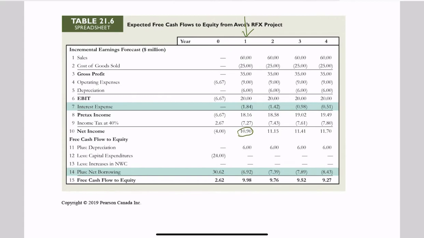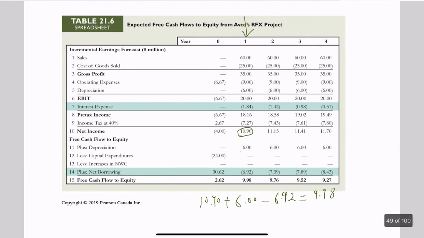And you can see that you have to add back the first year's depreciation, $6, and minus the net borrowing, which gives you $9.98 million, which is the first year's free cash flow to equity.